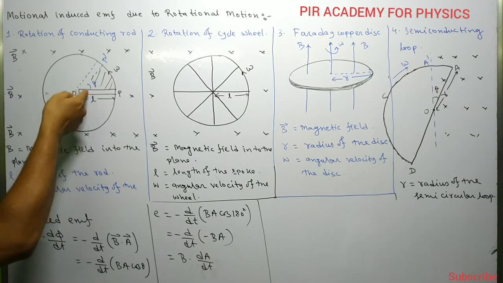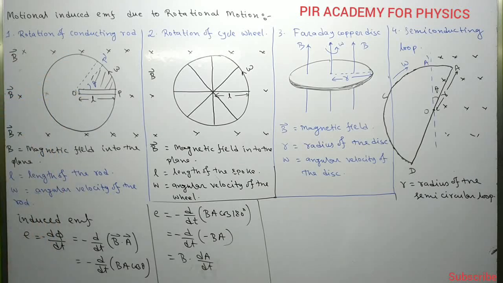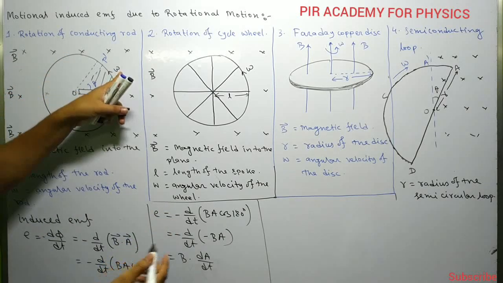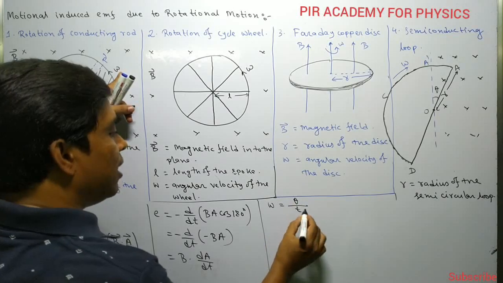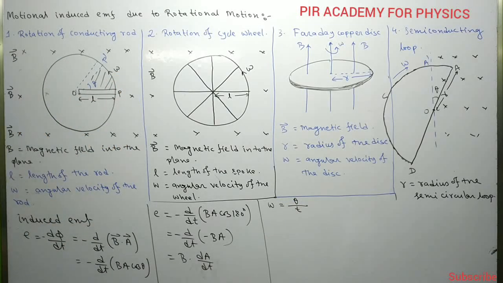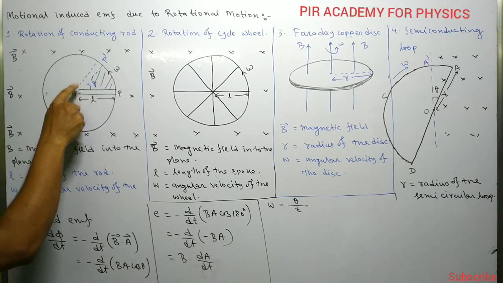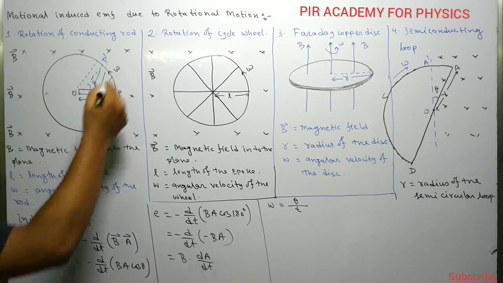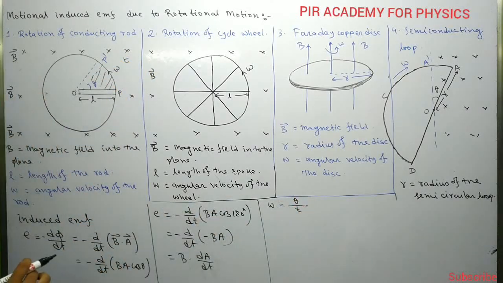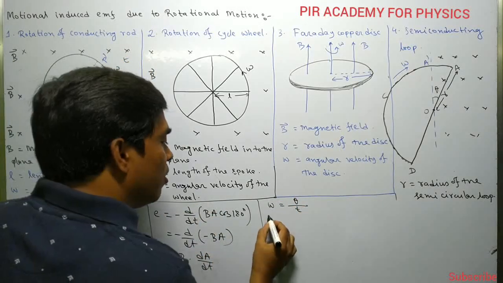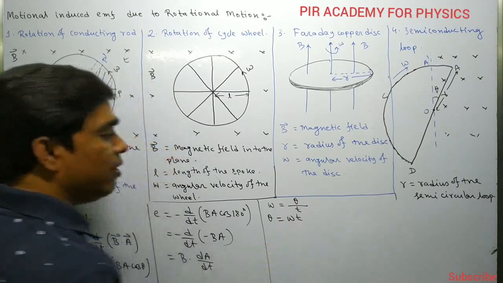Now the total angle is 2 pi. Here the angular velocity omega can be written as theta by t. Suppose the time taken by this rod to reach this P dash is t, then omega equals theta by t, so theta, the angular displacement, equals omega t.